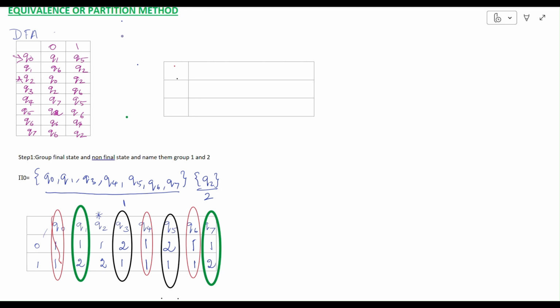The new partition formed will be pi 1, which is equal to Q0, Q4 and Q6; the next partition is Q1 and Q7; and Q3 and Q5.